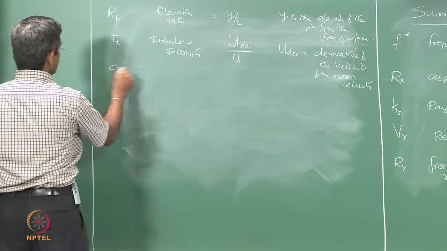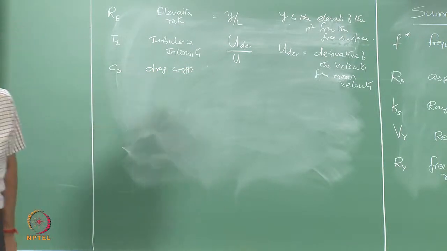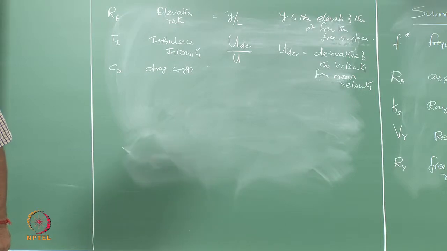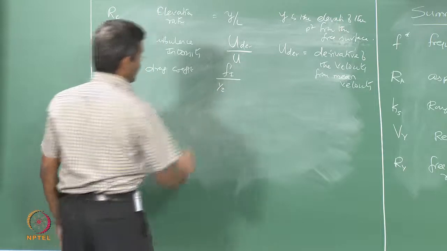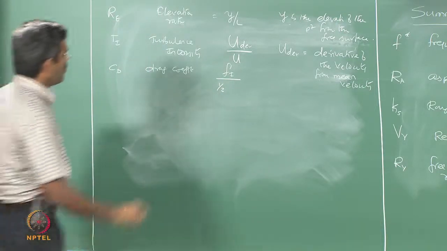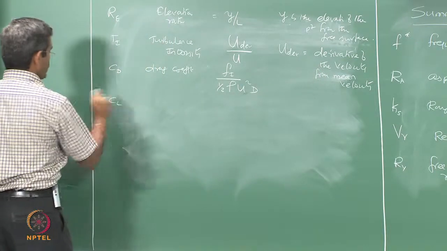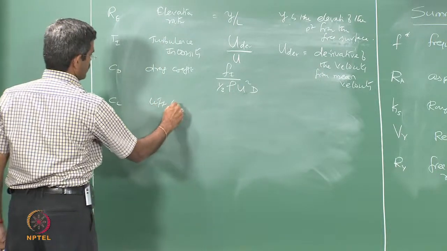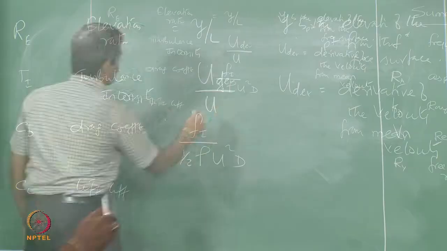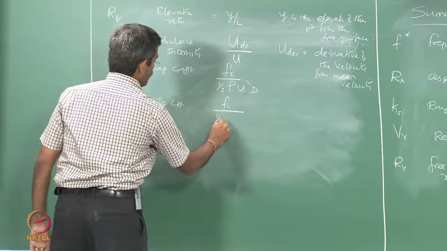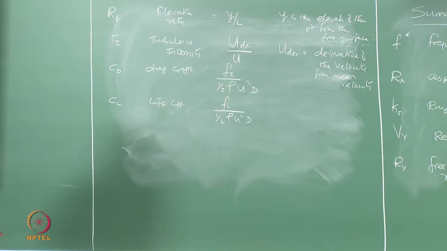Drag coefficient, Fd by half rho u square d, we already saw the equation earlier. Lift coefficient, Fl by half rho u square d.